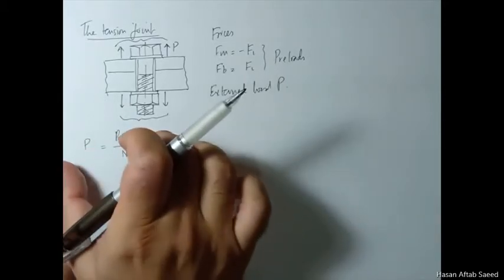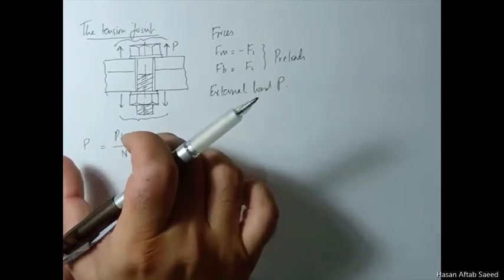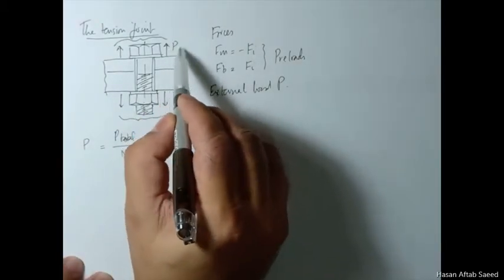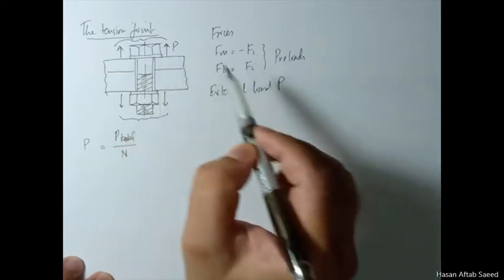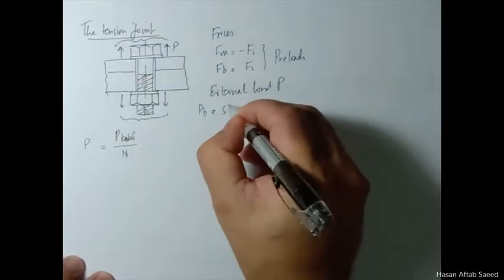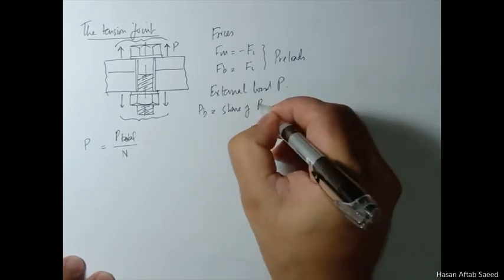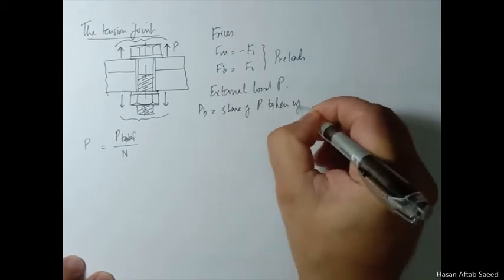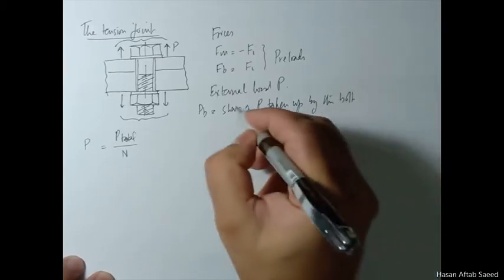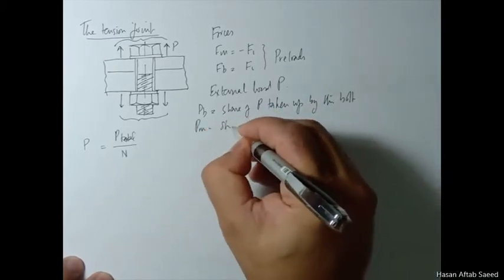Now from here, the immediate goal is to find out the share of P taken up by the bolt and the share taken up by the members. Let's define this here. Share of P taken up by the bolt, PB.